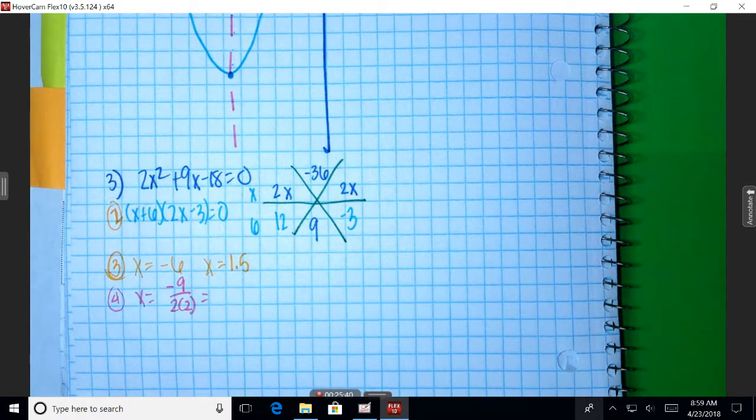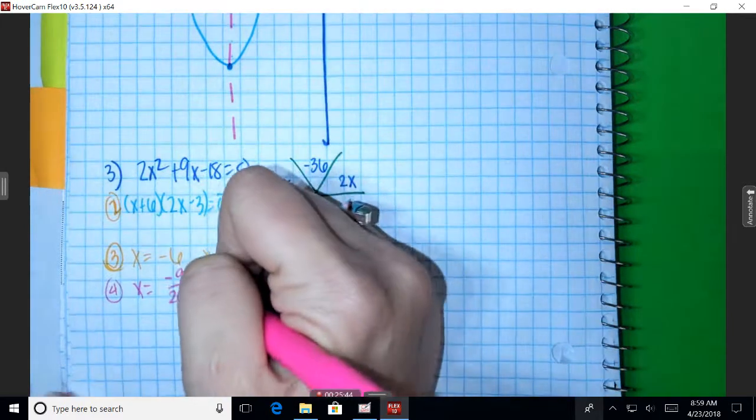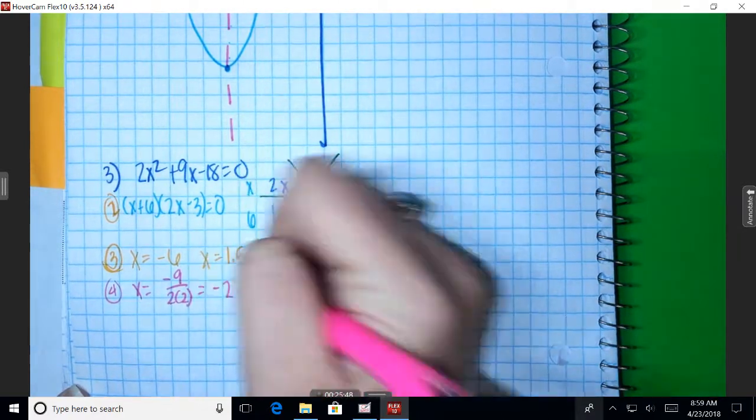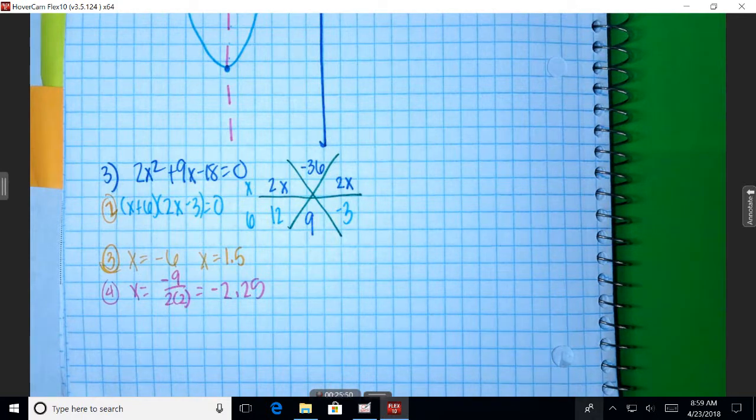And then negative 9 divided by 4 is negative 2 point what? 25? Okay. And then what is your vertex?